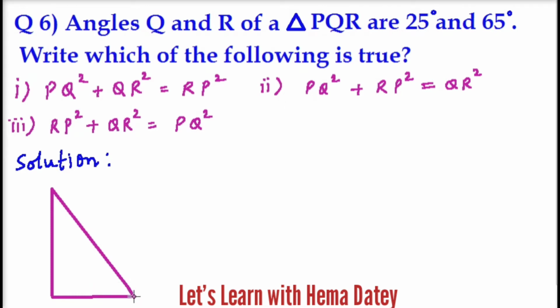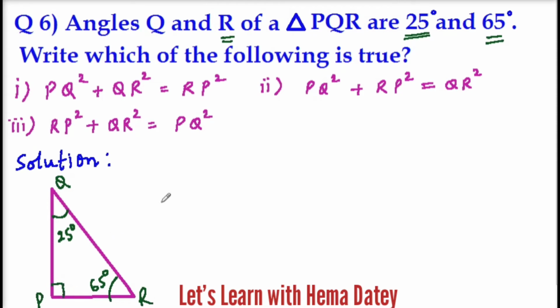Now we are given angle Q is 25 degree, so I am writing angle Q 25 degree and angle R 65 degree. This is bigger angle 65 degree. The point is R and this is the point P.